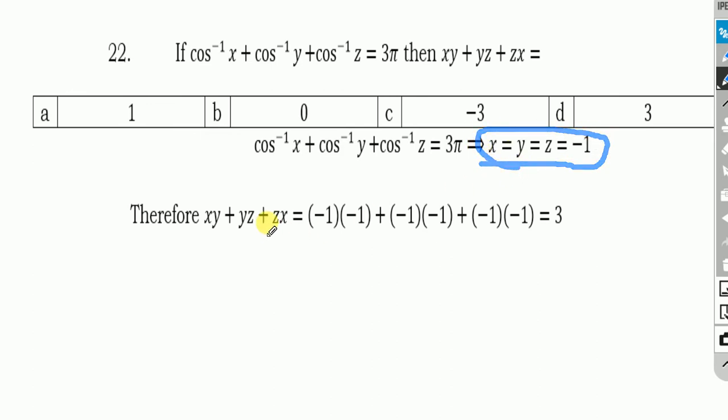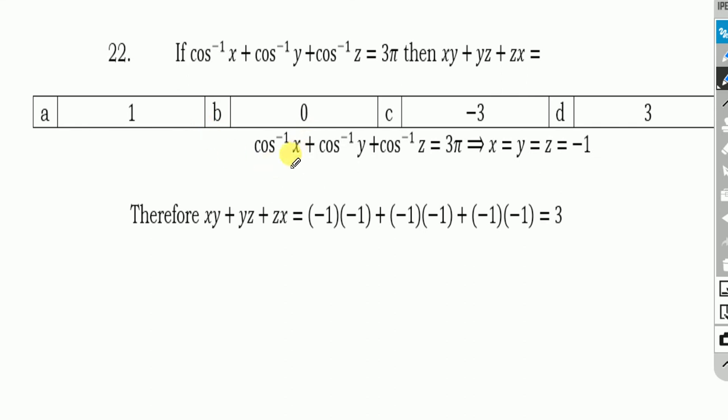This is because the maximum value of cos inverse x is pi, and maximum value of cos inverse y is pi, and cos inverse of z is also pi. That is, if cos inverse of x is equal to pi, x must be equal to minus 1.